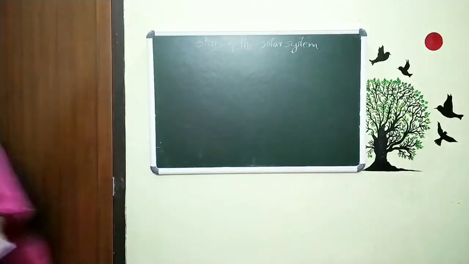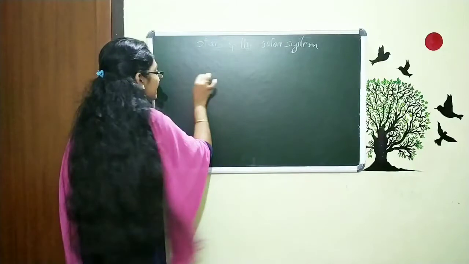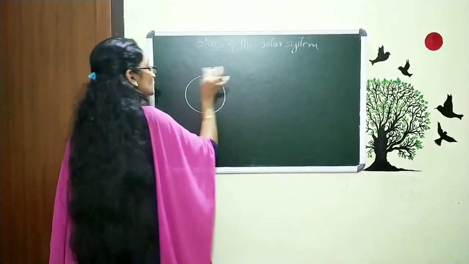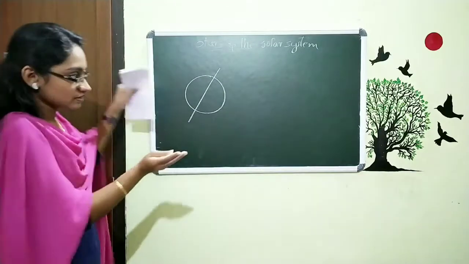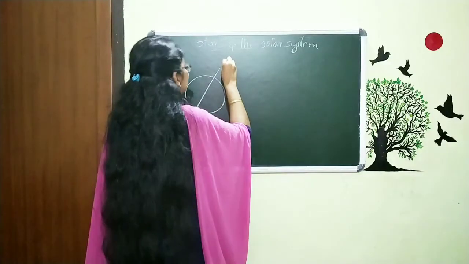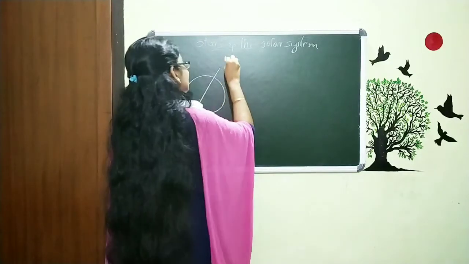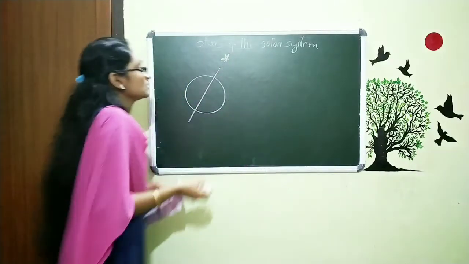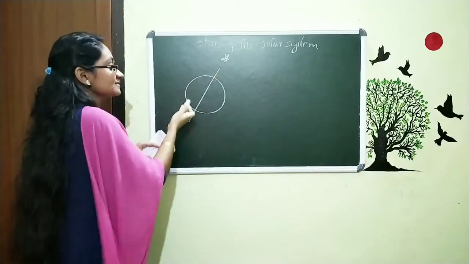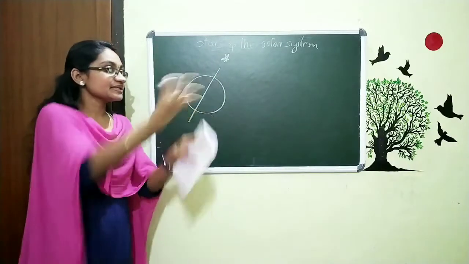We know our earth is rotating on an axis having a particular tilt, and near this earth axis there is one star. Our earth is rotating with this axis, which means it is rotating like this.